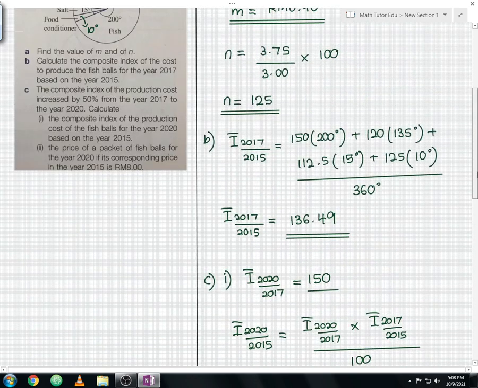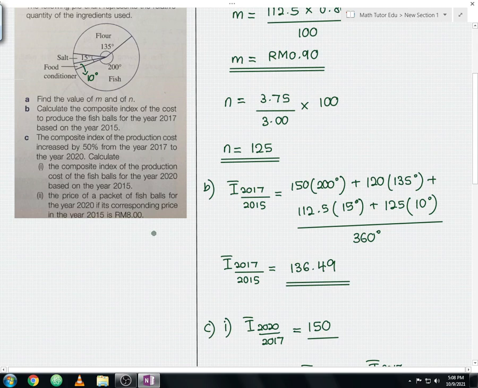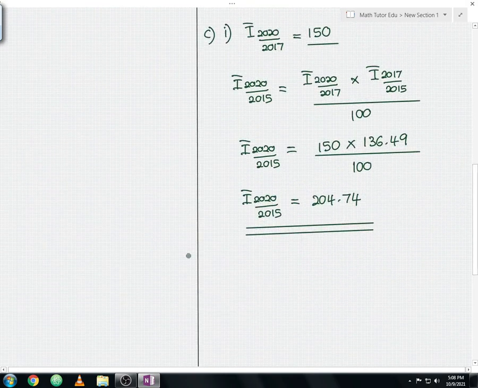Let us proceed our discussion for the question C part 2, where they ask us to find the price of a packet of fish balls for the year 2020 if its corresponding price in the year 2015 is 8 ringgit. Since we have already found the composite index for the year 2020 based on the year 2015, now it will be easy for us to find the corresponding price in the year 2020.